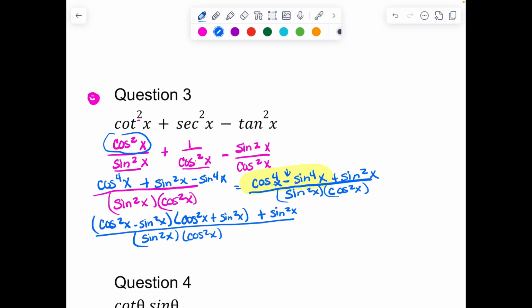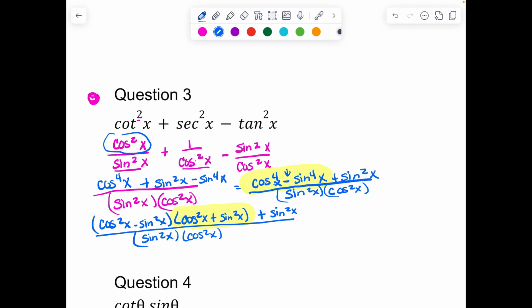All right, then from there we think, what can we do to get rid of some stuff, or to simplify? Look at our things that are squared and things that are not squared. We can think about our Pythagorean identities. Do any of these meet a Pythagorean identity? Well, this here with our plus actually equals 1.